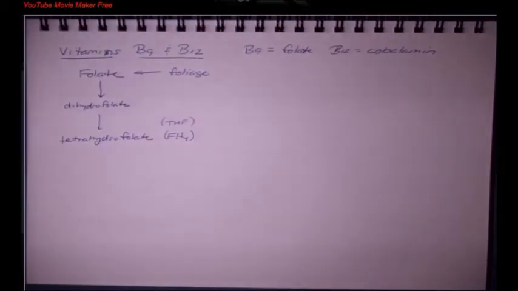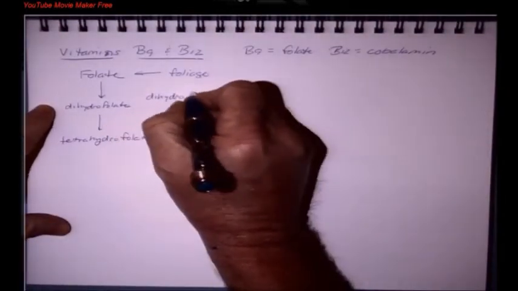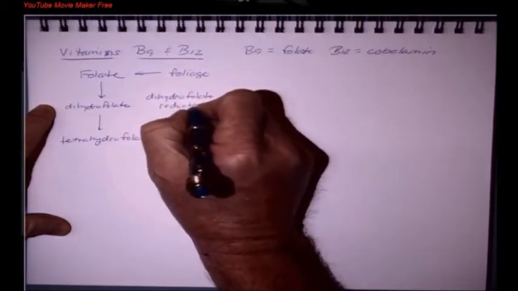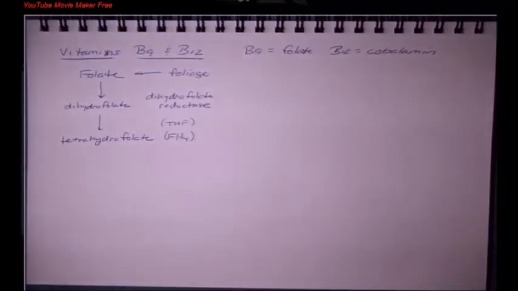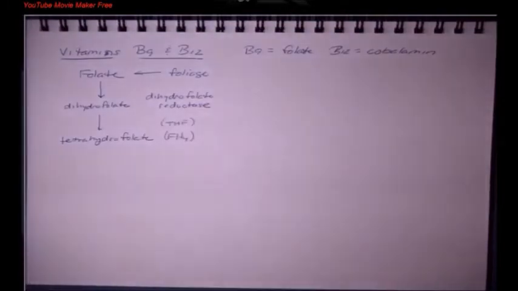Now, the enzyme is absolutely critical that you know this, and this enzyme is dihydrofolate reductase. Now, let's continue on with this process, and then I'll come back to why it's important to know this enzyme.